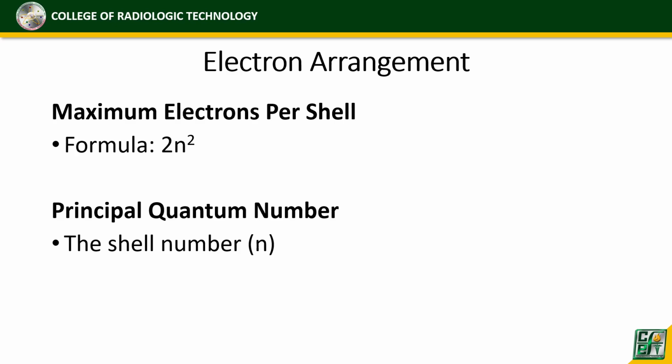So the formula is 2n squared. So madali pa lang, no? 2n squared. So yung n represents the shell number, which is also known as the principal quantum number. Okay? So remember the formula, 2n squared.